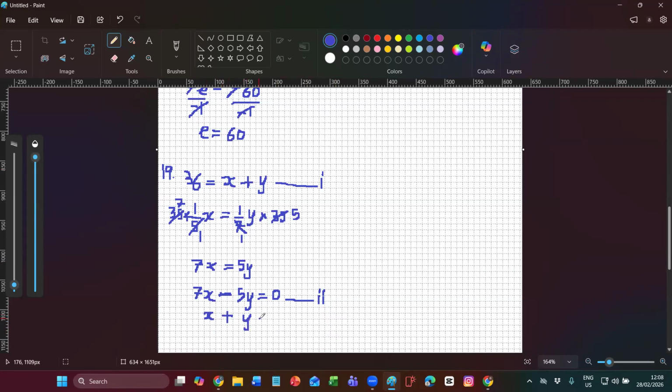Okay. So what do we do to solve this set up? If we want to use the elimination method, what should we do? Multiply by 5. Okay. That means you want to eliminate y, isn't it?